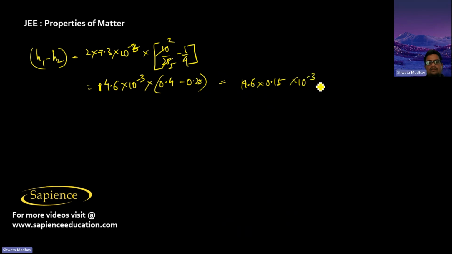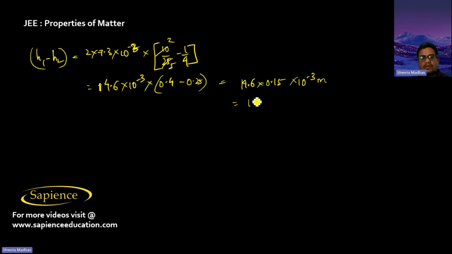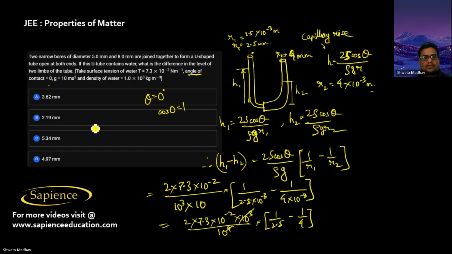So this will be 14.6 into 0.15 millimeter. This will be equal to 2.19 millimeter. Option B is the correct answer.